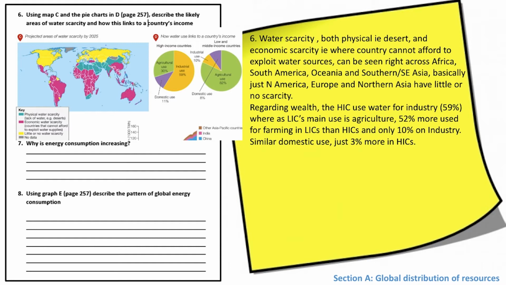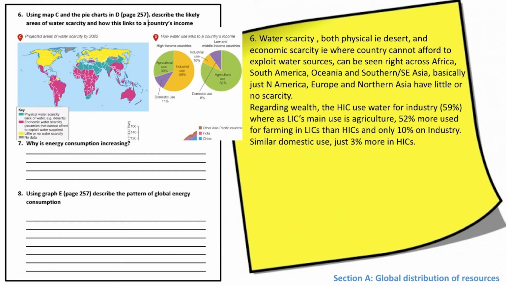It then goes on to say that in farming, LICs are using much more water than HICs. High-income countries are largely more efficient with their farming. They've got more technology and therefore use less water but secure a better yield than in low-income countries. And there's only actually 3% difference in domestic use.